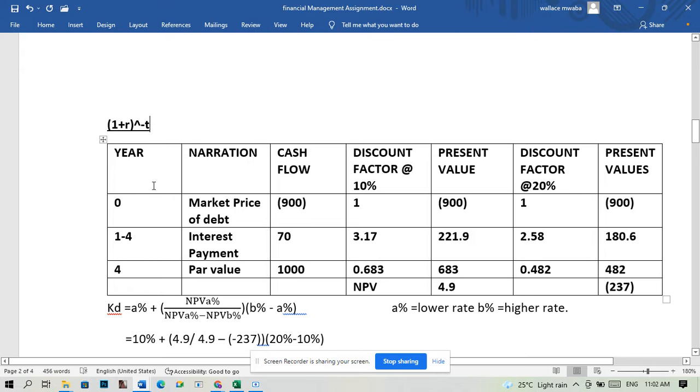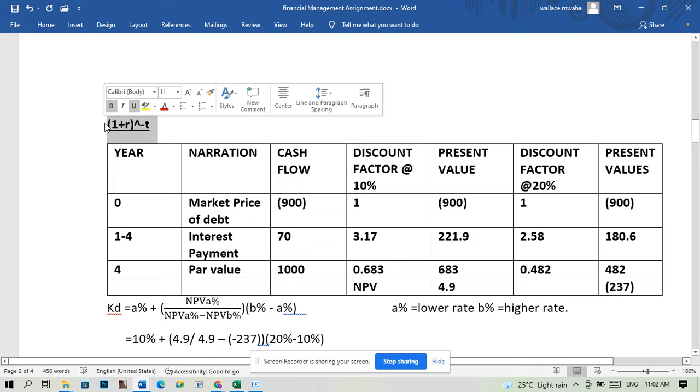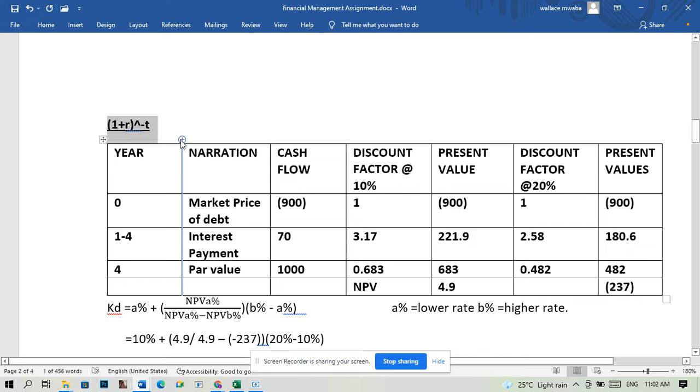This is a way to discount future values so that you get a present value. Remember, discounting is just converting a future value into present value. So our r is going to be 10%.